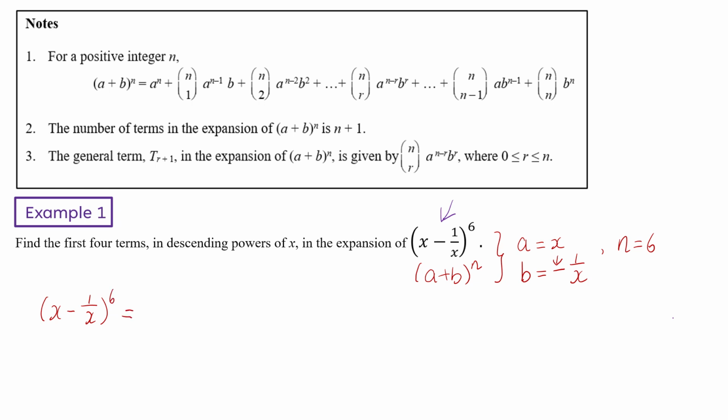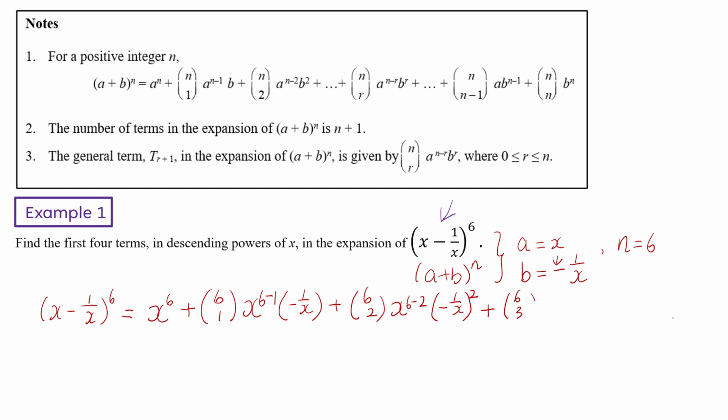The first term will be a to the power of n, which is just x to the power of 6, followed by 6C1 x to the power of 6 minus 1, (negative 1 over x), plus 6C2 x to the power of 6 minus 2, (negative 1 over x) squared, and one more term, which is 6C3 x to the power of 6 minus 3, (negative 1 over x) cubed.